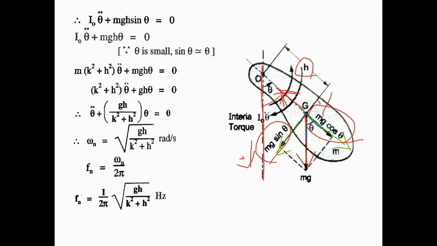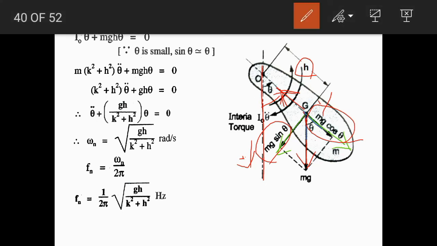Now as the system is having acceleration in the counterclockwise direction, the inertia couple would be in the clockwise direction and it would be equal to I about O into theta double dot.